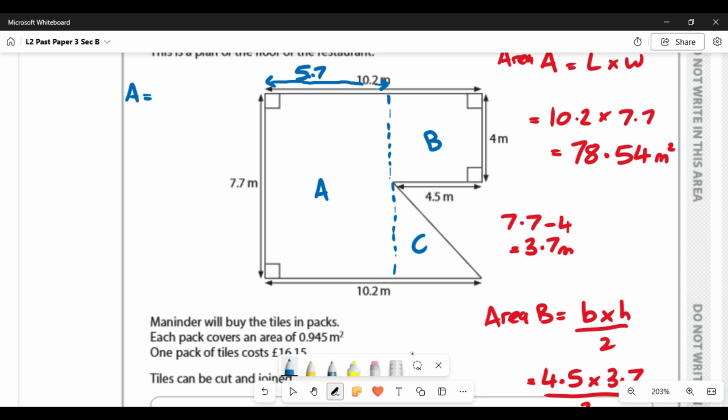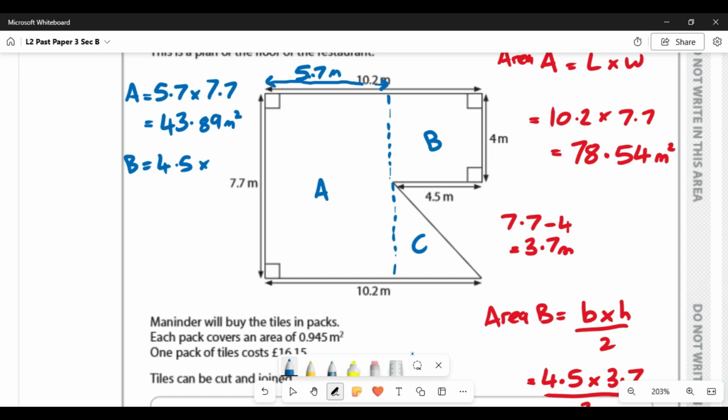Yep, that's meters. So that's 5.7 times 7.7, which is 43.89 meters squared.